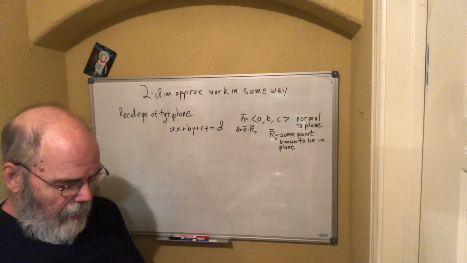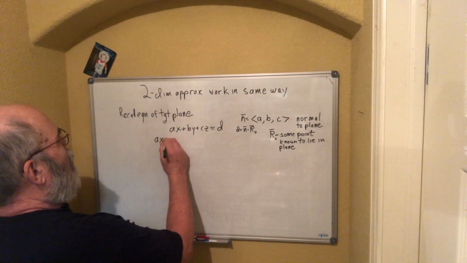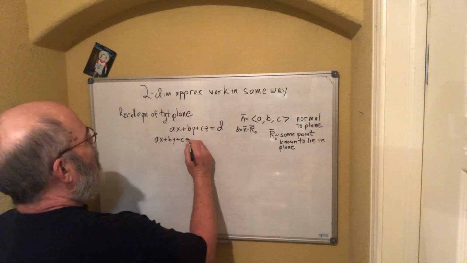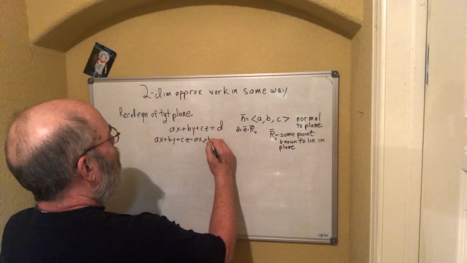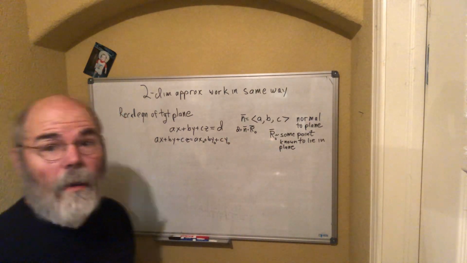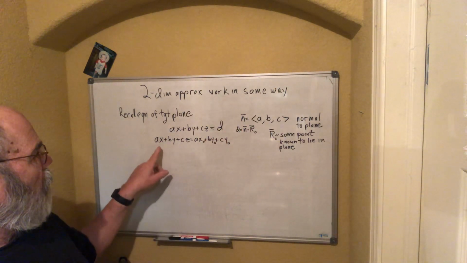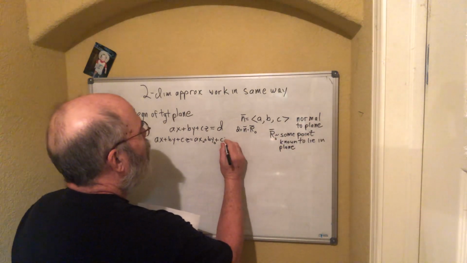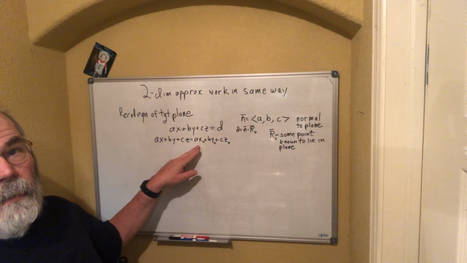So anyway, you can rewrite that as something like this: Ax plus By plus Cz equals A x naught plus B y naught plus C z naught, where again A, B, C are the components of the normal vector. x naught, y naught, z naught here, sorry about that, is a point known to lie in the plane.